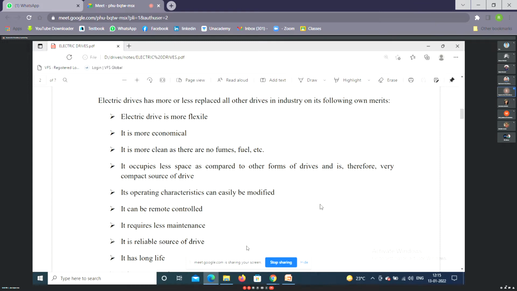We can have an electrostatic precipitator and other things, so that at the power source itself, the dust and dirt can be handled. But if we have a mechanical drive, it will create fumes because of the fuel burning, so it is difficult to control. Then, it occupies less space compared to other forms of drives and is very compact.